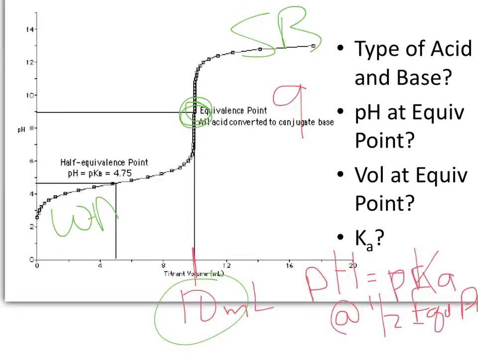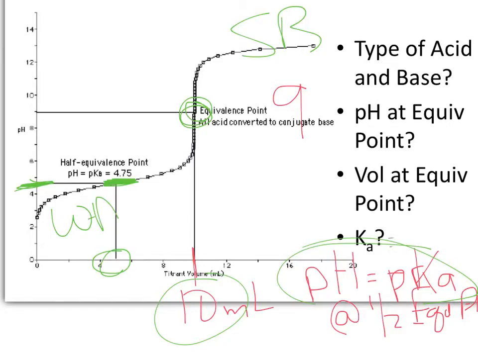What is the half volume? 5. So at this point, what is the pH? 4.75. Are you with me? So what is the pKa? They're equal. You with me? The pH is equal to the pKa at this half equivalence point.